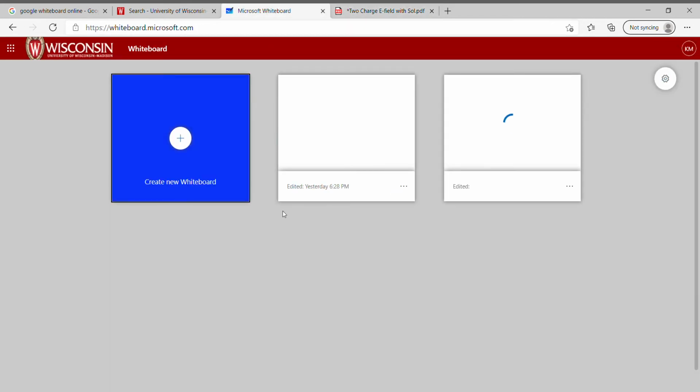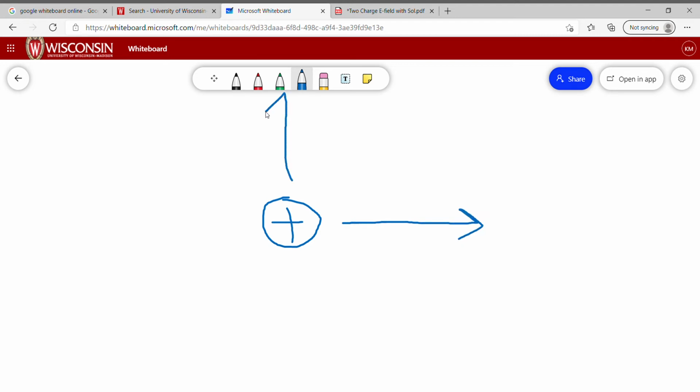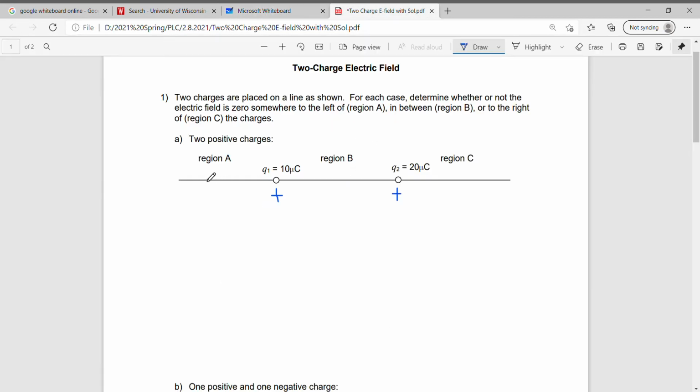And recall what we discussed before. If we have a positive charge, then the electric field goes from the charge to the outside. So in this region A, the first electric field is generated by charge 1.